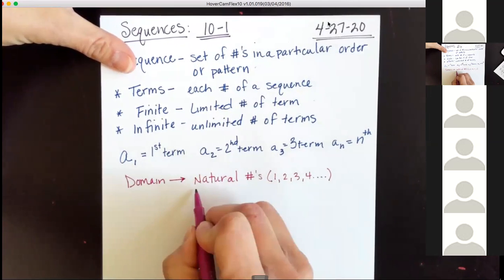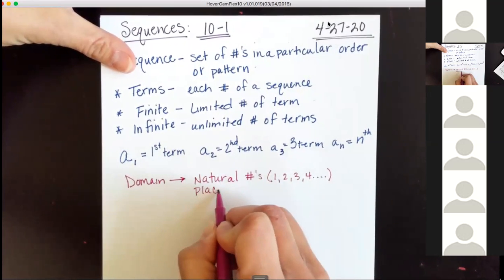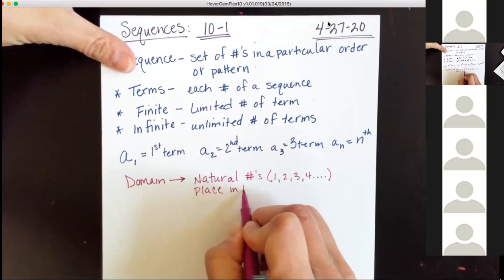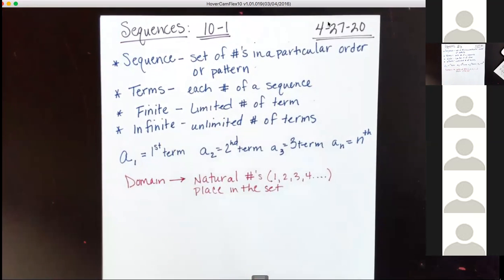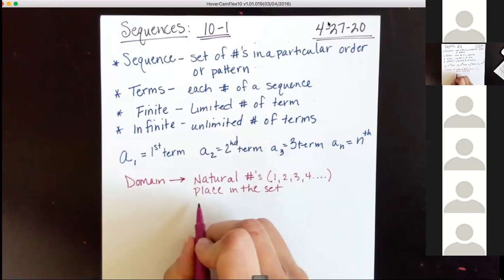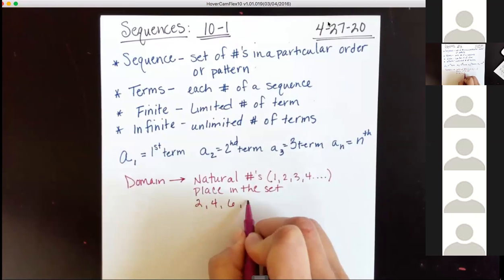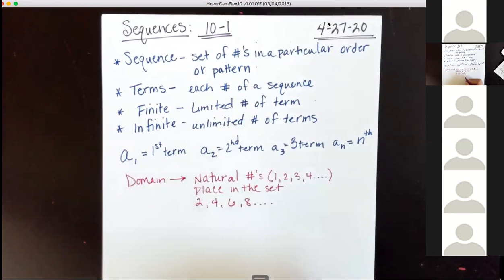The domain is actually the place in the set. At first it sounds so silly, and I even was like, well, what do you mean by the place? So let's just say I had a set of numbers 2, 4, 6, 8, and it kept going on infinitely.